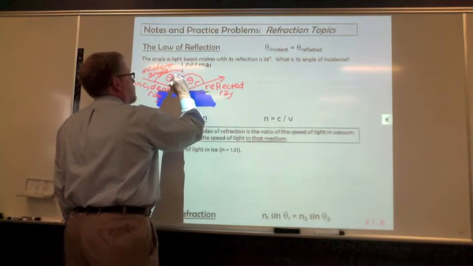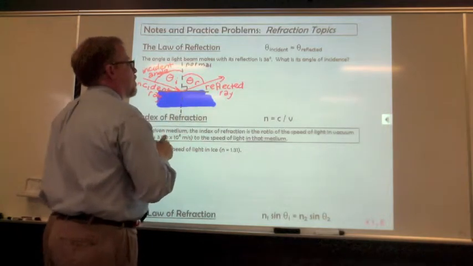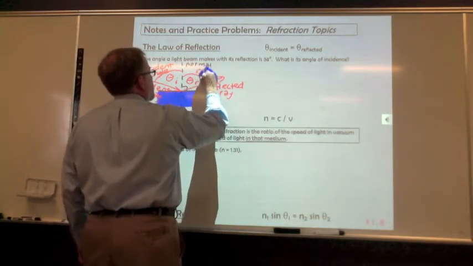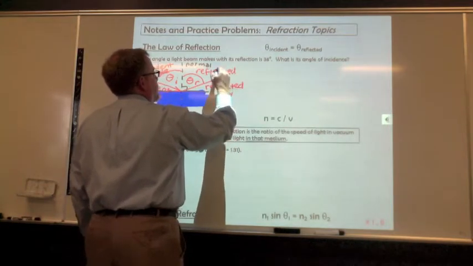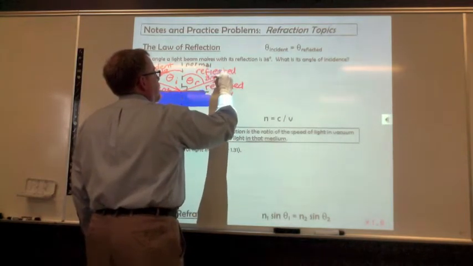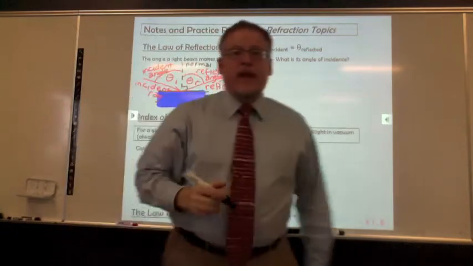So we'll use theta sub I for incident angle and theta sub R for the reflected angle. It's a very simple law of physics, about as simple as they come. It's the idea that the angle of incidence equals the angle of reflection.